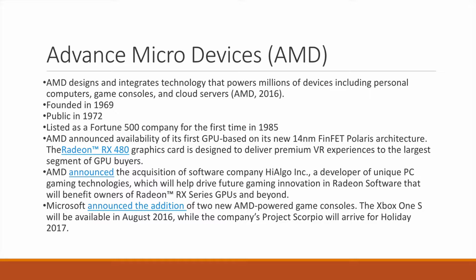Some of the recent news from this year is they're announcing their first GPU-based Polaris architecture for the graphics card. They acquired another company developing PC gaming technologies, and Microsoft announced a partnership for two new game consoles with them, which is really, really good for AMD and shows continued business development.